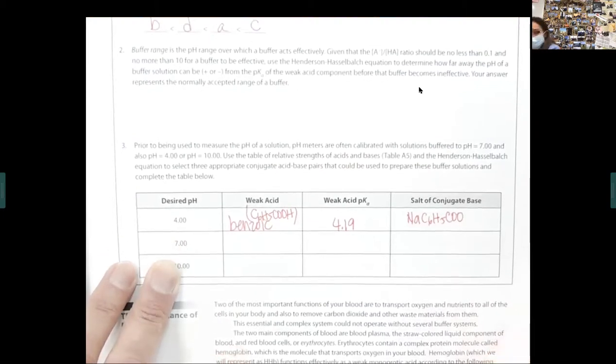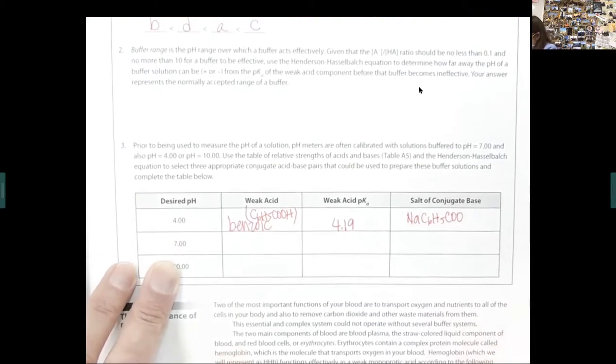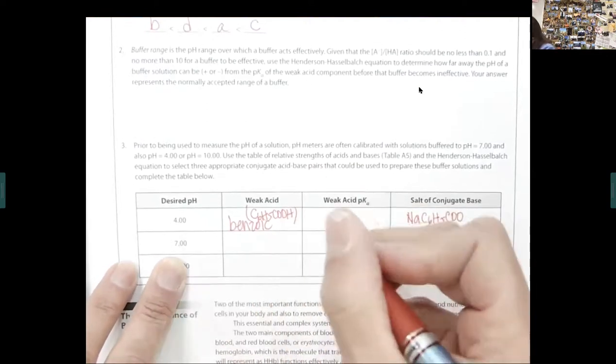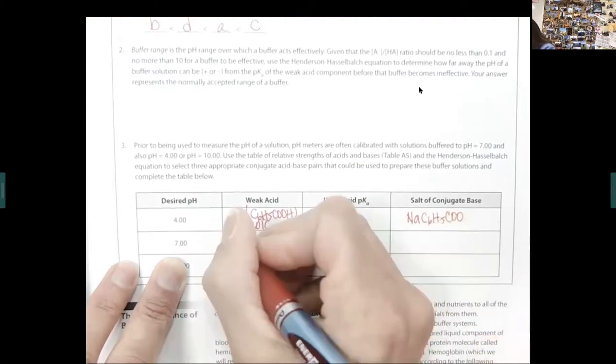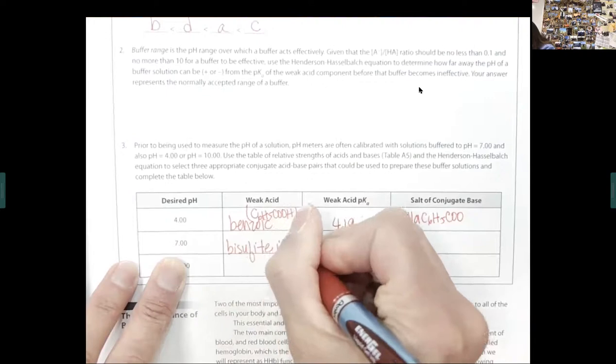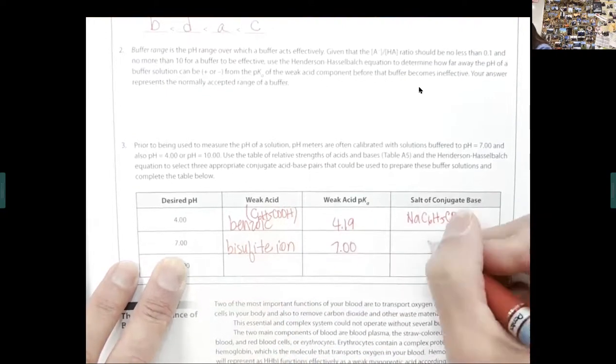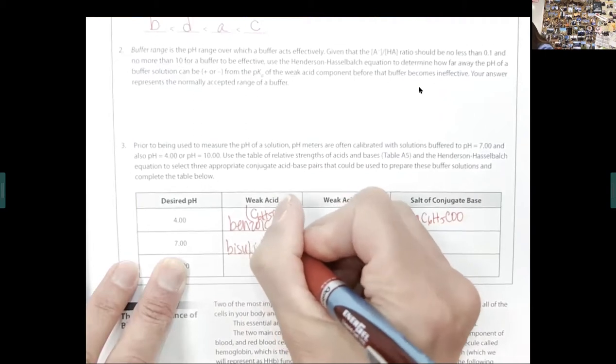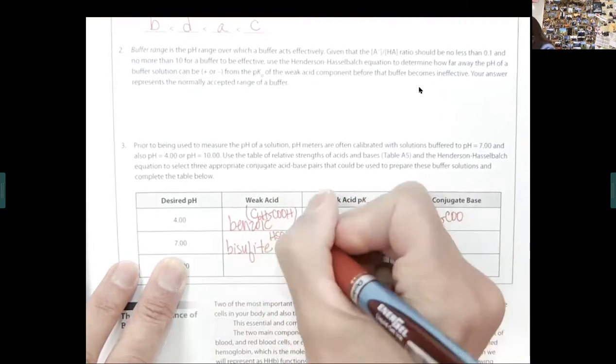You could have put a different alkali metal with it. You could have put lithium or potassium. It would have been fine. Here, if your desired pH is 7.00, well, the bisulfite ion has a pKa of 7. So that means that you're going to be using the HSO3 -1 ion.